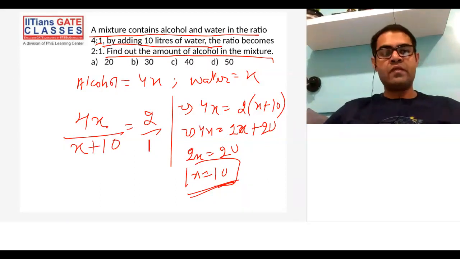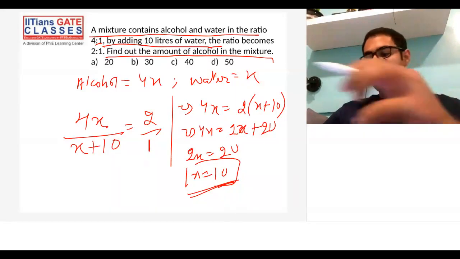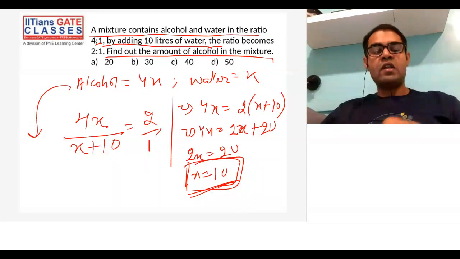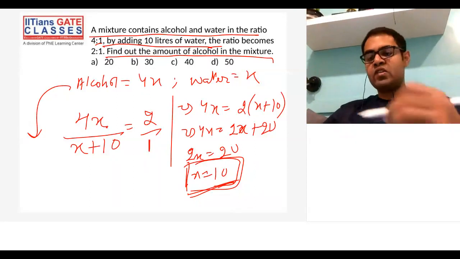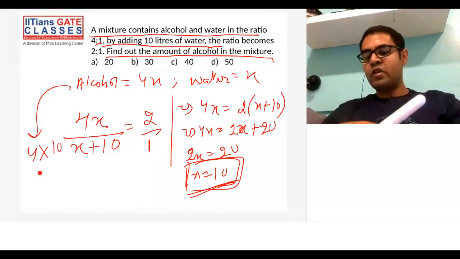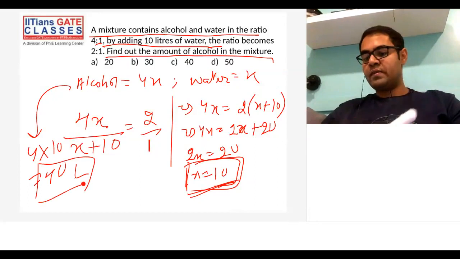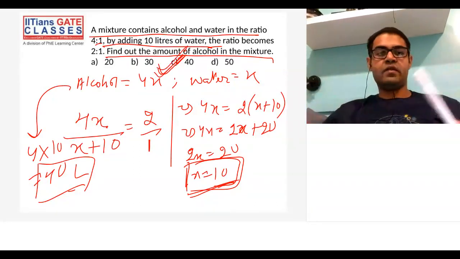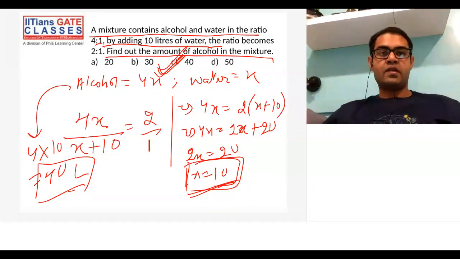So whichever mixture they are talking about, alcohol content will remain the same. So you don't have to really worry. So x is 10. That means the amount of alcohol in the original or the changed mixture, whatever it is, is what? 4 into 10, which is 40 liters. Option C is correct. Okay, option C is correct.